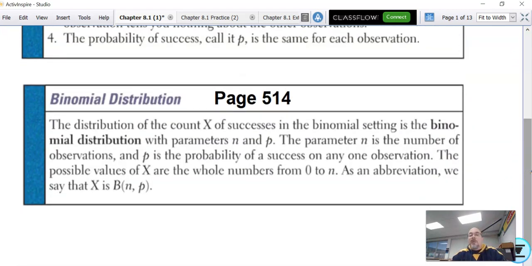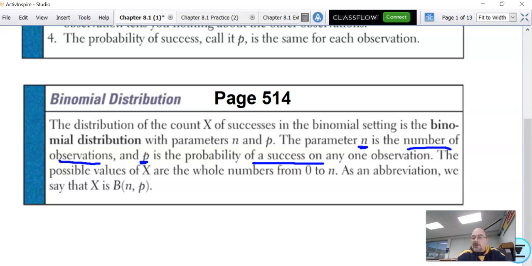Binomial distribution is found on page 514. The distribution of the count X of successes in the binomial setting is the binomial distribution with parameters n and p. The parameter n is the number of observations. p is the probability of success on any one observation.